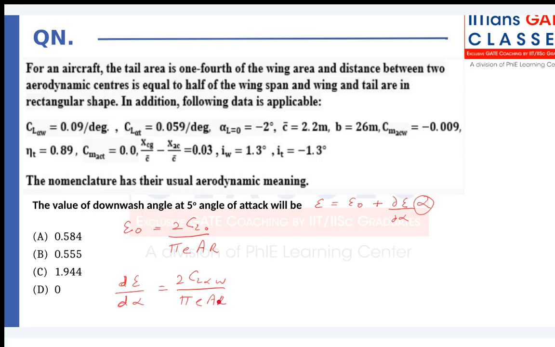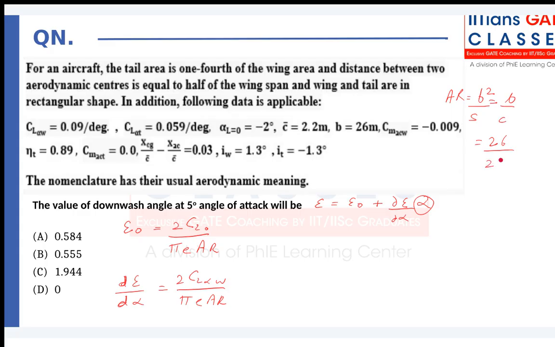Okay, so let's just write it down for completion's sake. The aspect ratio is b squared by S, and I think it says it's a rectangular shape, so it will just be b by c, which is 26 by 2.2.